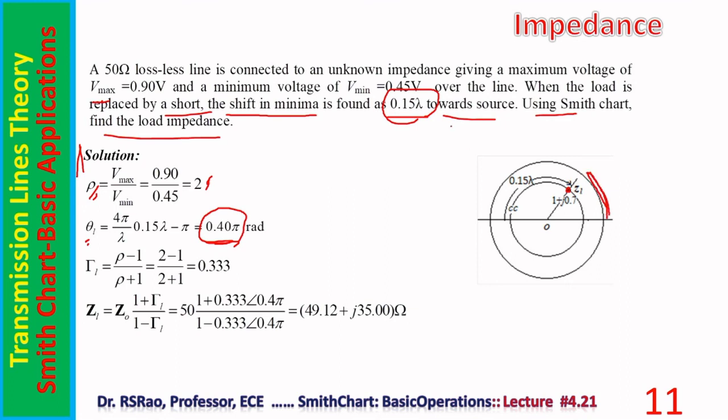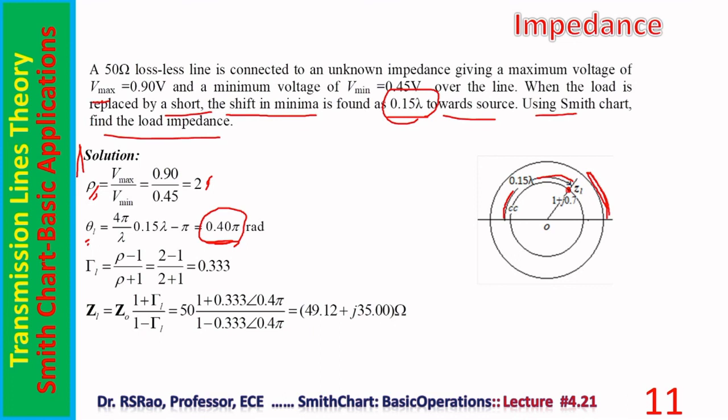Not only that, the minima is shifted towards the source by 0.15 lambda. So this distance also becomes 0.15 lambda. Either way, first one can find out theta L. From theta L, ZL can be located, or by taking a distance of 0.15 lambda, one can locate ZL, point P, which represents ZL.